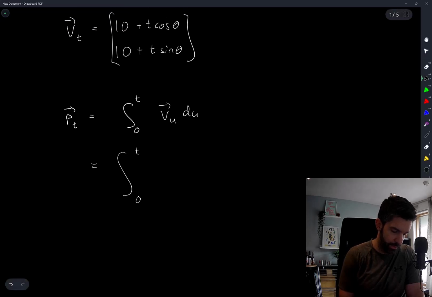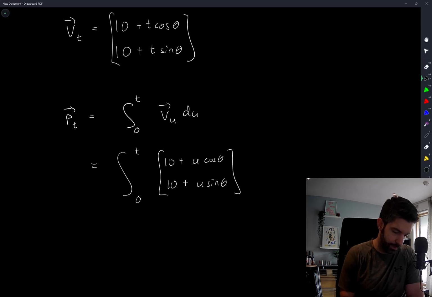So v(u) is 10 plus u cos theta, 10 plus u sine theta.